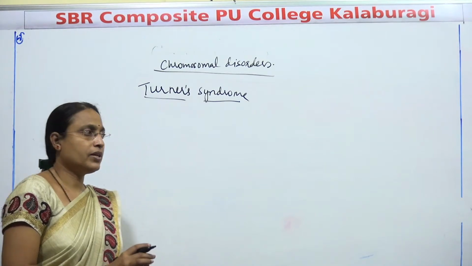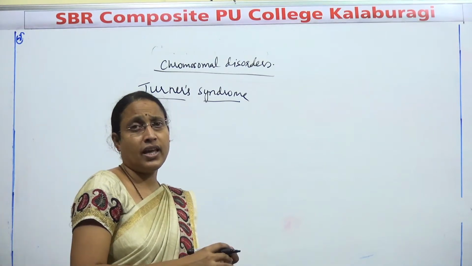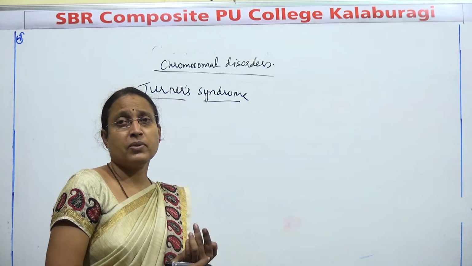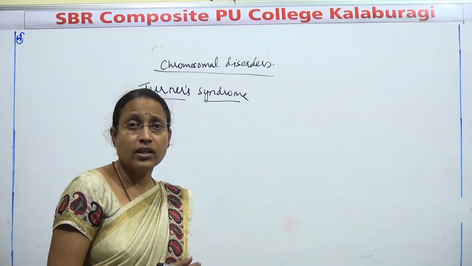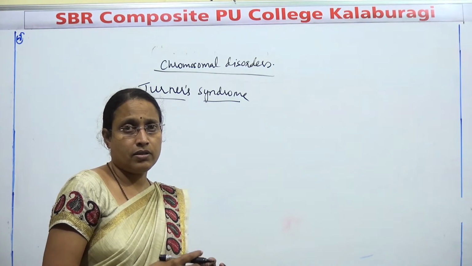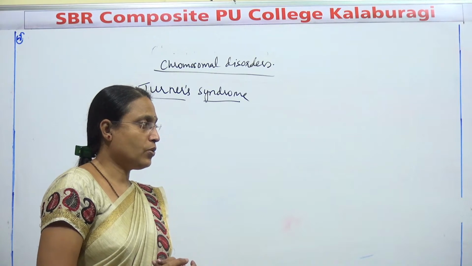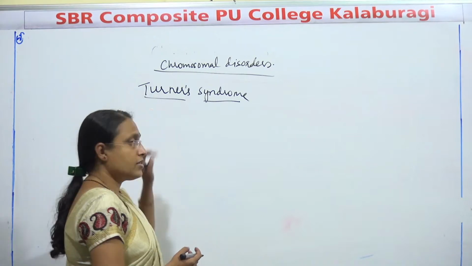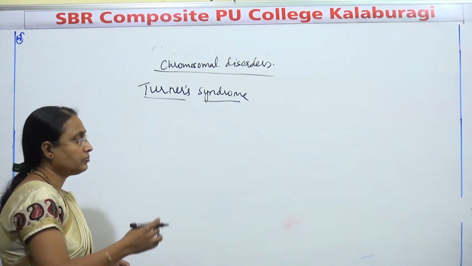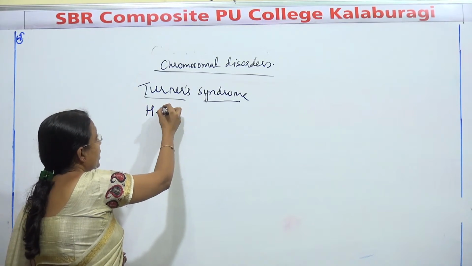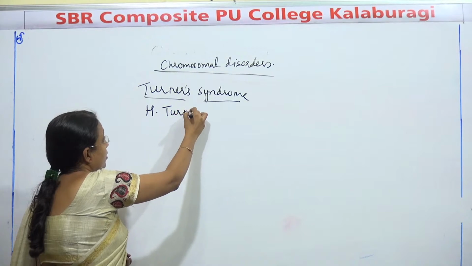A group of similar kinds of symptoms will be there. Whoever suffers from a syndrome will have more or less similar symptoms. Similar kinds of symptoms are called syndromes. So Turner syndrome, identified by Henry Turner.